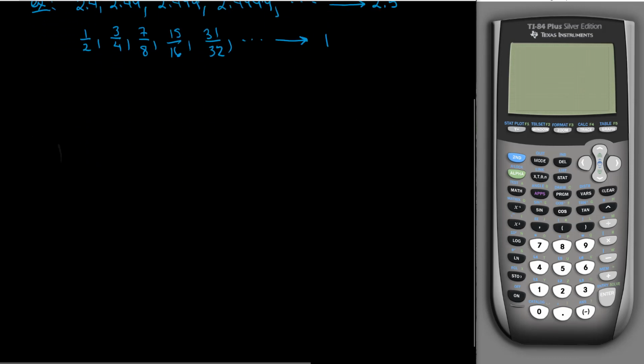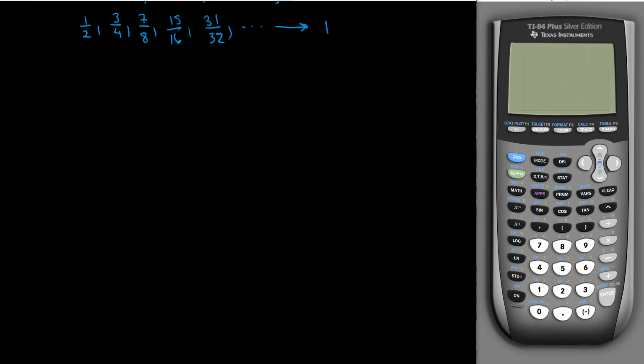In some cases, you're going to be given functions. For example, something like f of x equals 3x plus 4. And the question is, what value does this function draw closer to as the x value gets closer to, I'll just pick a number, 3?